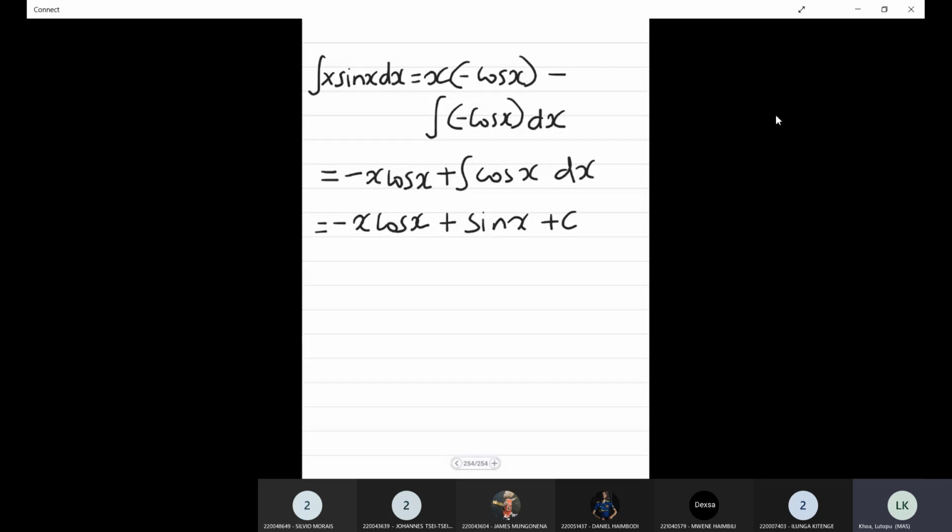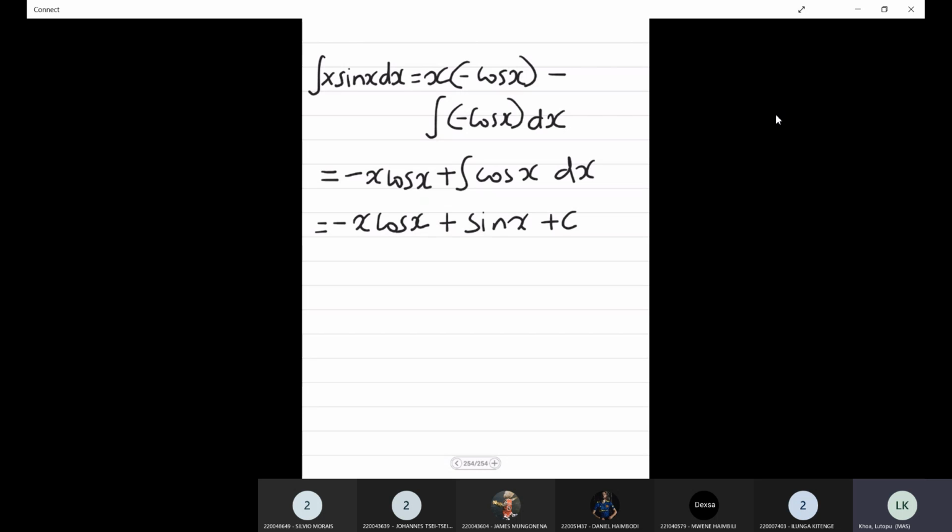One other technique that you can use when you are integrating some functions is integration by parts. We looked at one example yesterday. Today we continue with another example. The basic idea with integration by parts is you'll have a product and you need to identify which one you are going to integrate and which one you are going to differentiate.